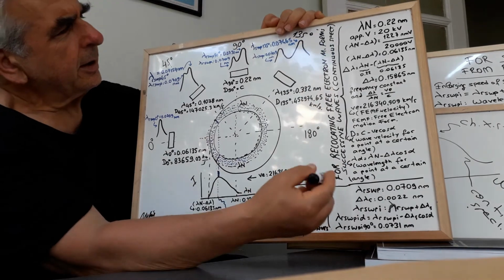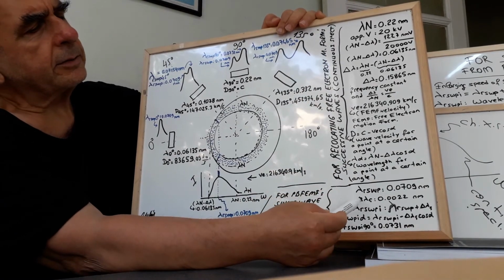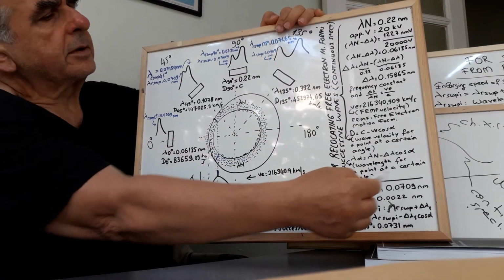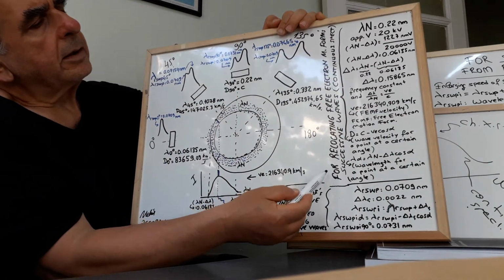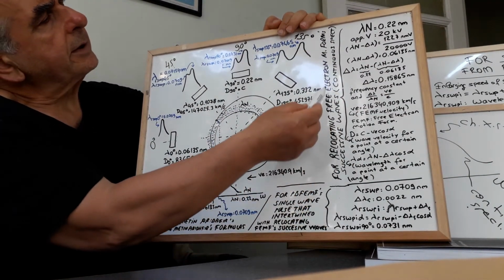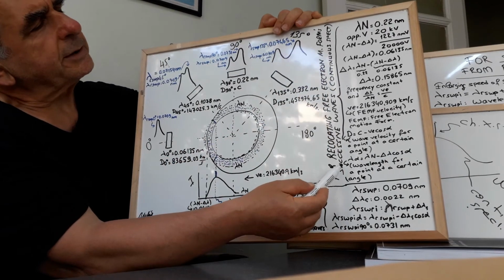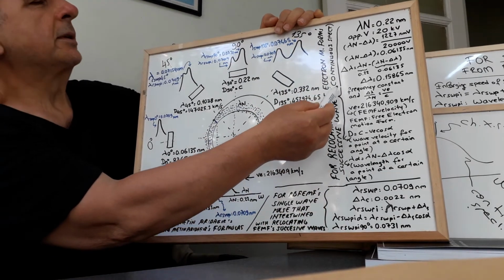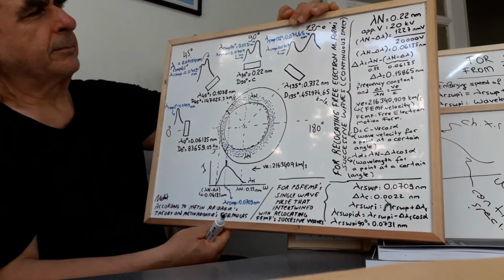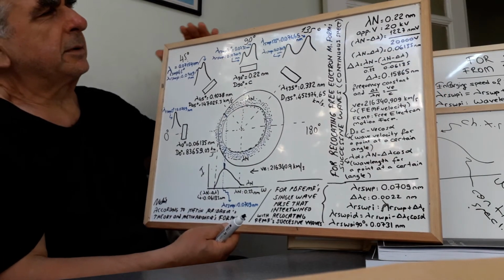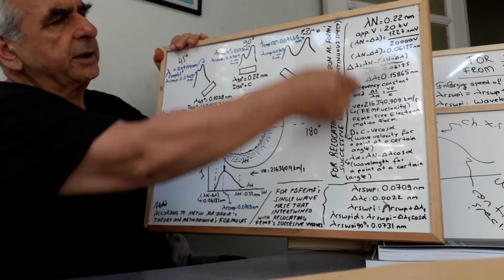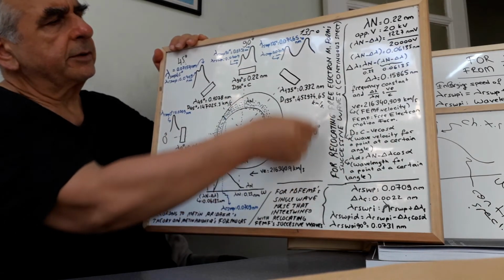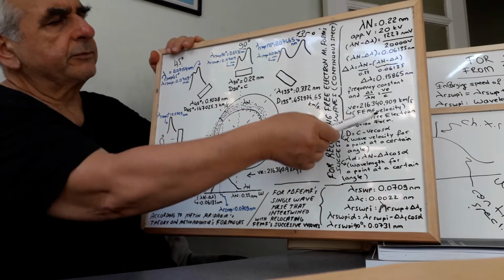And then this column for this side, for relocating free electron motion form successive waves, continuous spectrum, for the continuous spectrum here, relocating free electron motion forms' formulas.